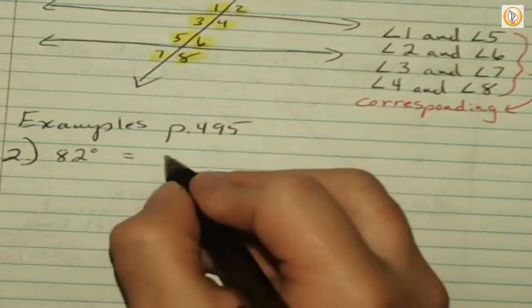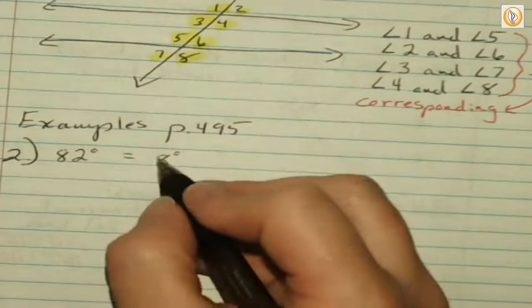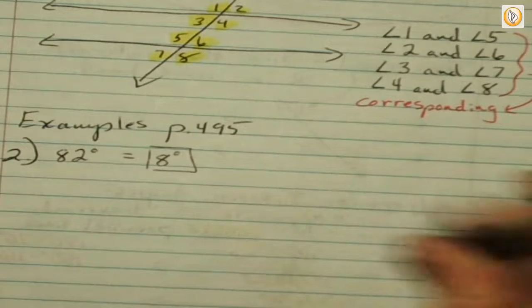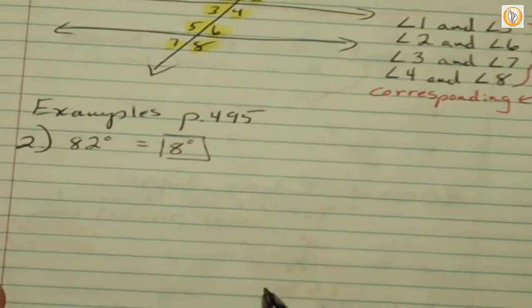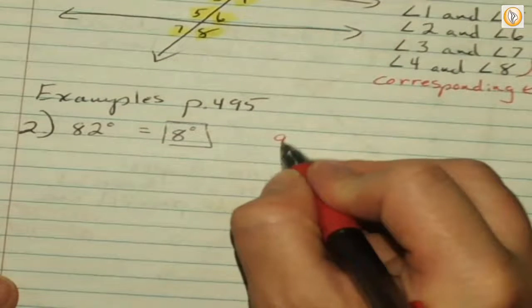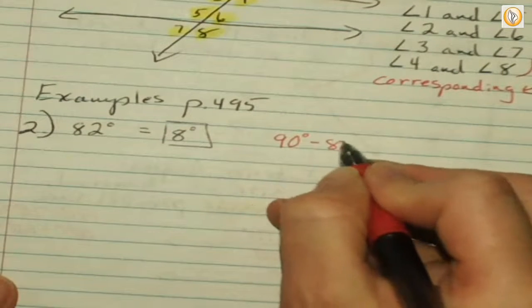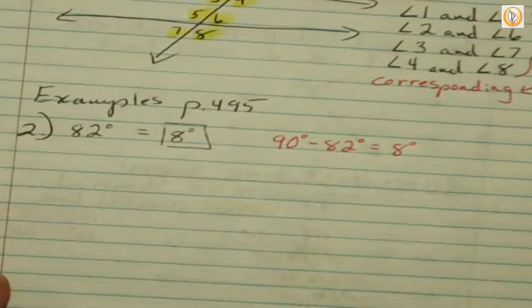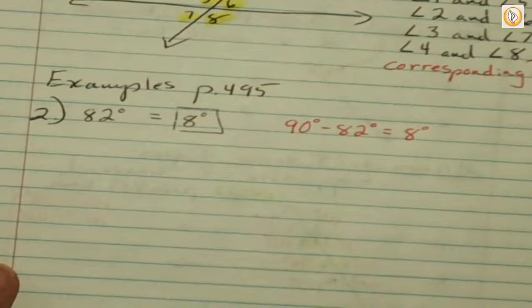Gabby? 8 degrees. What does complement mean again? It's 90 degrees. That's right. So complement means 90 degrees. You could do 90 degrees minus 82 equals 8 degrees. So there's its complement. Any questions?